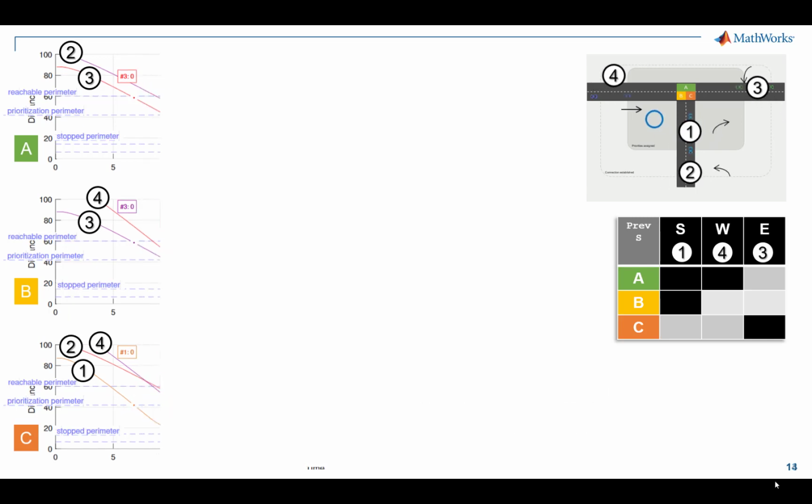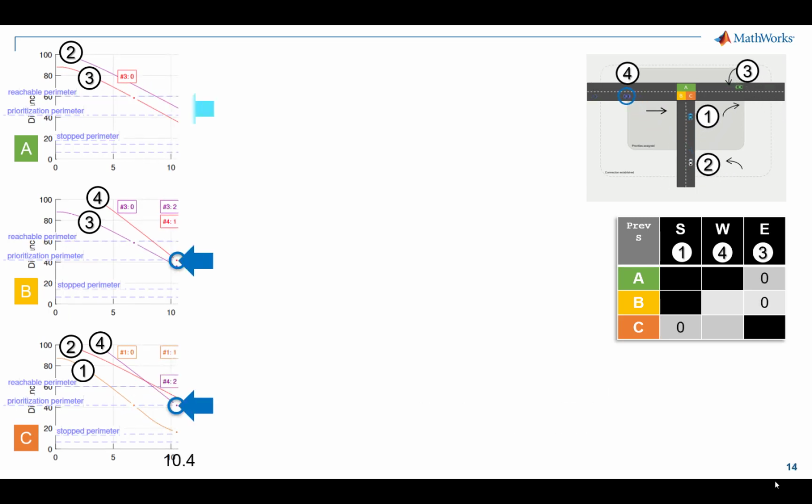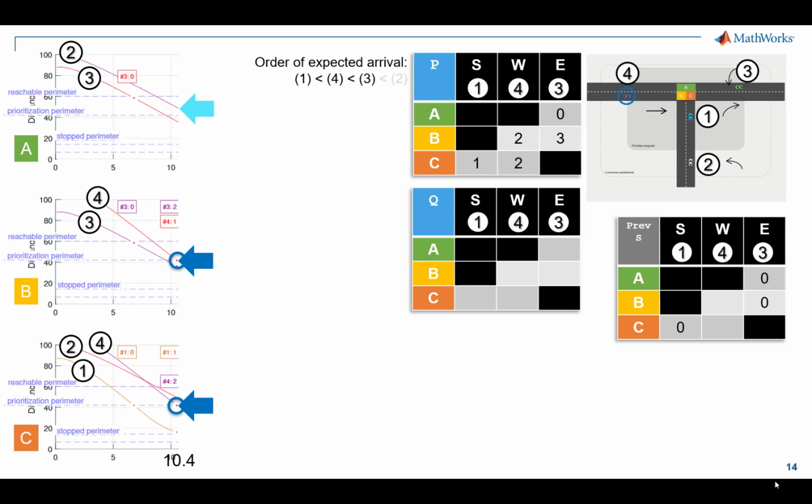As time moves forward at t equals 10.4, another new car, which is car 4, now enters the prioritization perimeter. At this point, we need to reassign the priorities. 1 and 3 were already within the reachable zone, but now 2 is also in the reachable zone. However, it's not the head of the queue, so for now we can ignore it.